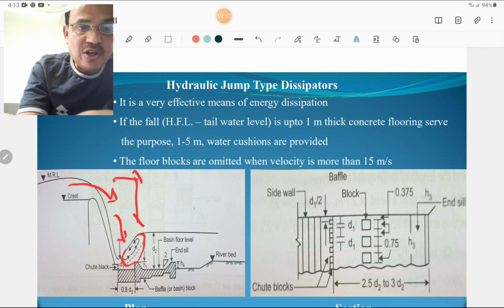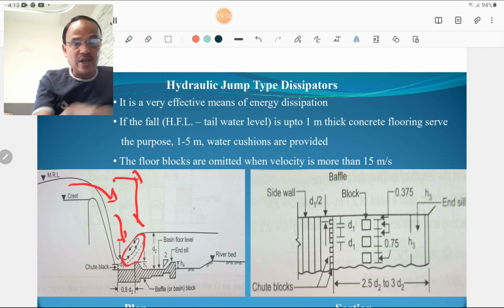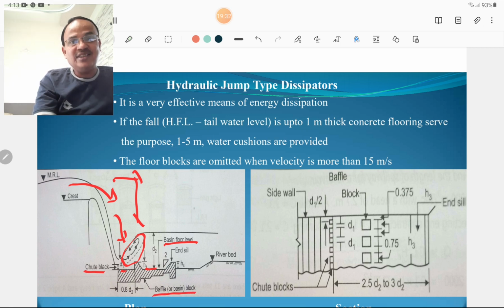There is a formation of hydraulic jump, and that hydraulic jump must be dissipated to avoid damage to the downstream part. So on the downstream part, an arrangement is made with the chute block, the basin floor level or floor construction, and baffle or basin blocks, and such an arrangement is used for energy dissipation of that particular flow of water.